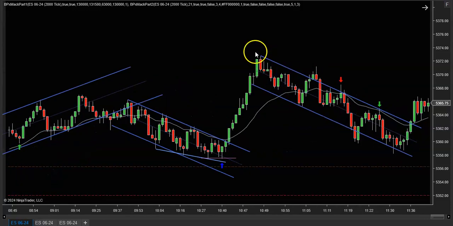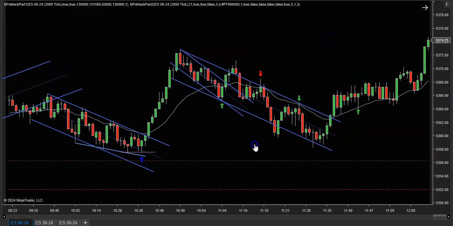And then you get this channel down. You could take this second entry long, technically, but it looks like it's a tight bear channel. And then you get this first entry, failed second entry long.